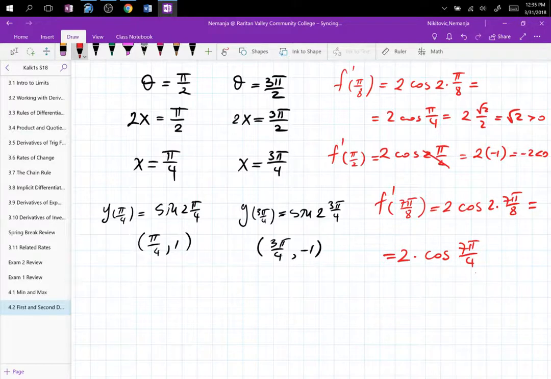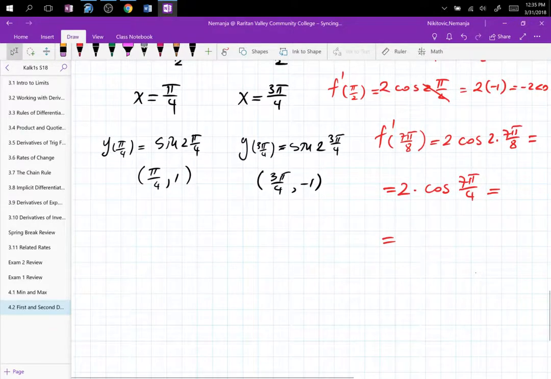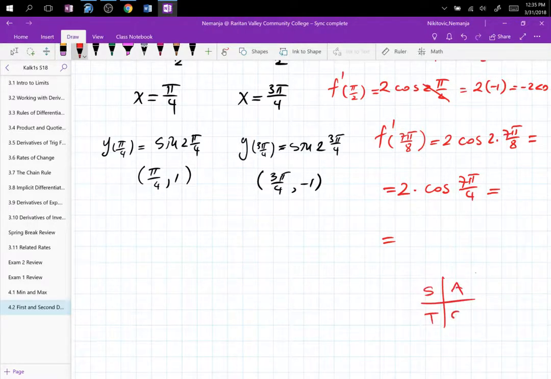Now where is 7 pi over 4? Because we have to use that. All students take calculus, right? So this is where the sines and cosines are positive or negative. So where is 7 pi over 4 on the unit circle? We just count. 0 pi over 4, 1 pi over 4, 2, 3, 4, 5, 6, 7.